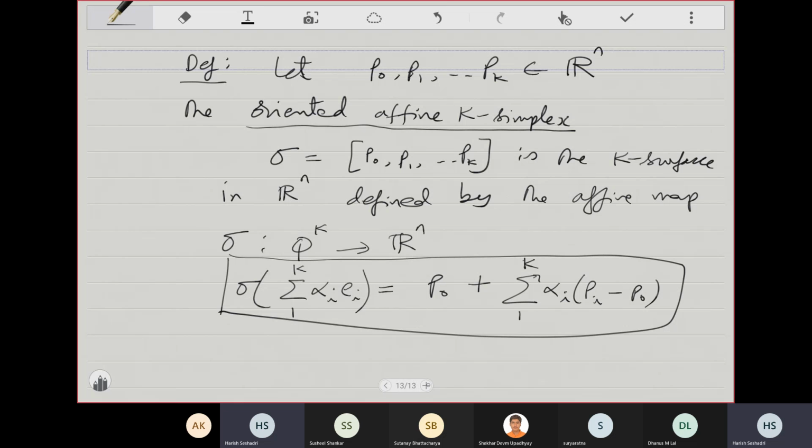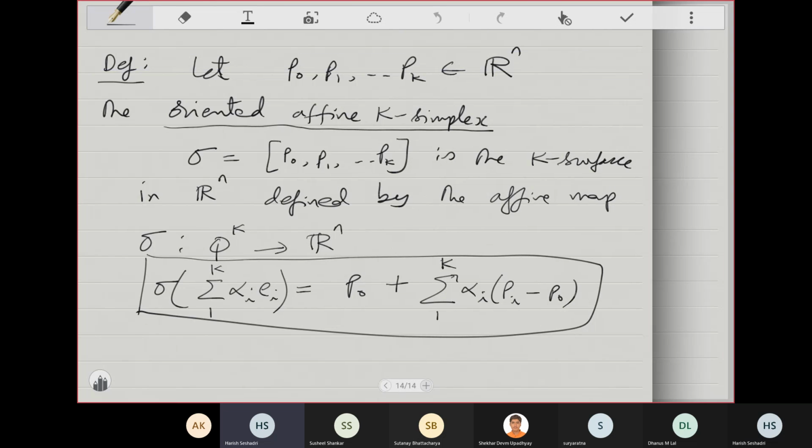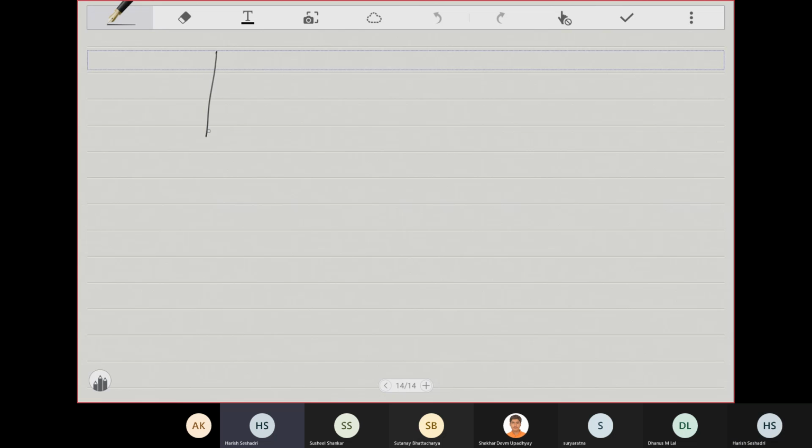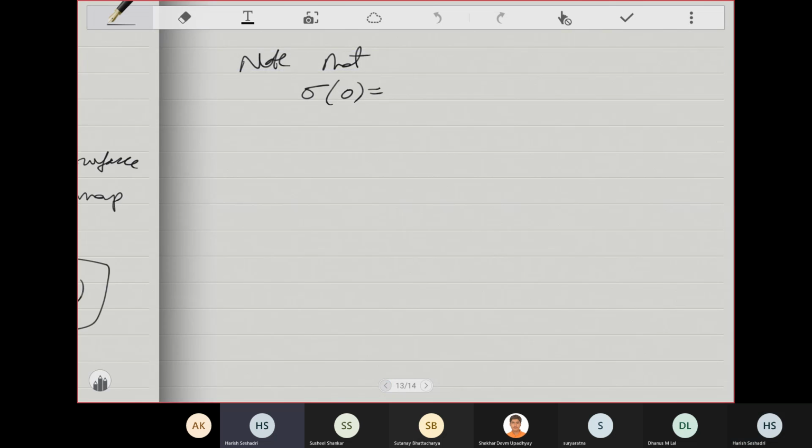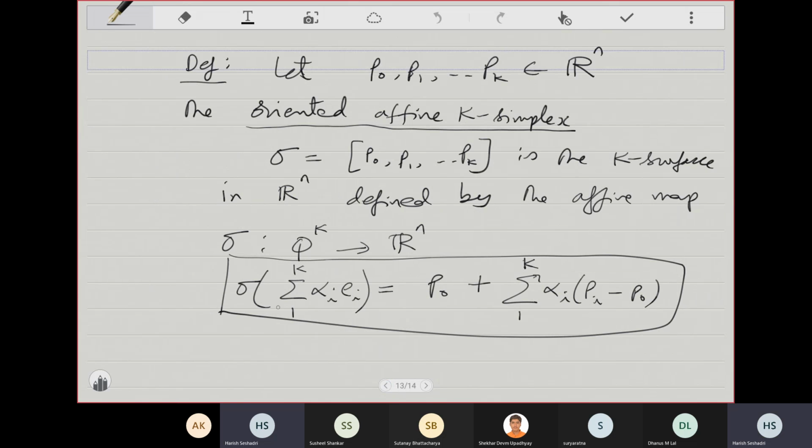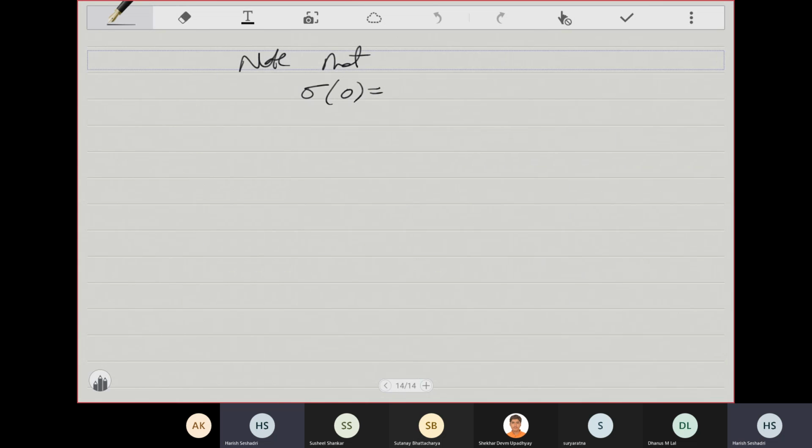So what does the picture look like? Well, before I draw the picture, I'll just observe that sigma of 0 equals, if I put 0 here, in other words, all the alpha i's will be 0, so the second term won't appear. So I'll get P0.